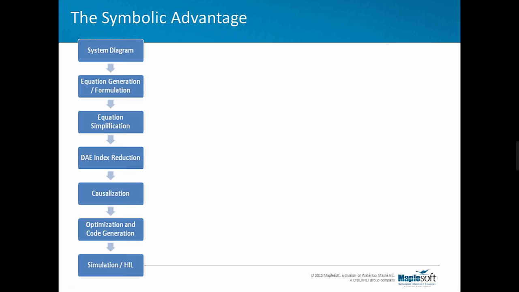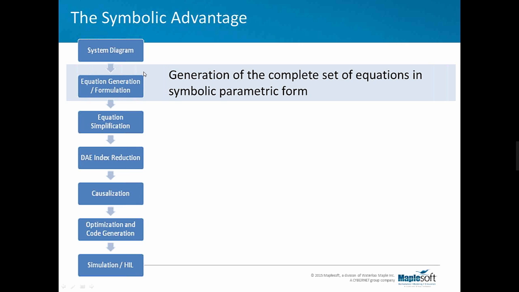But what is involved in getting from a diagram, a graphical representation of blocks and connections, to actual code for simulation? We start with a system diagram, of course, where we create our model. Then these system-level physical modeling approaches will inherently require symbolic manipulations. Why is that?